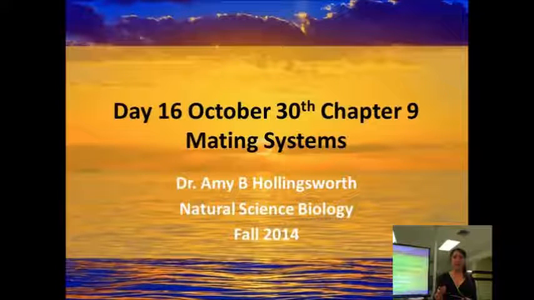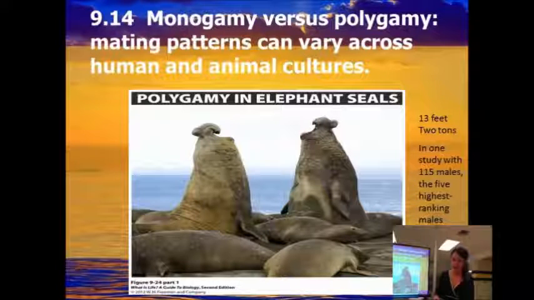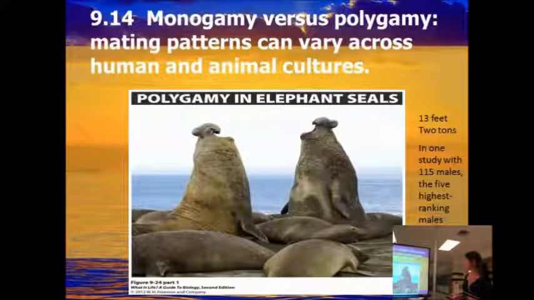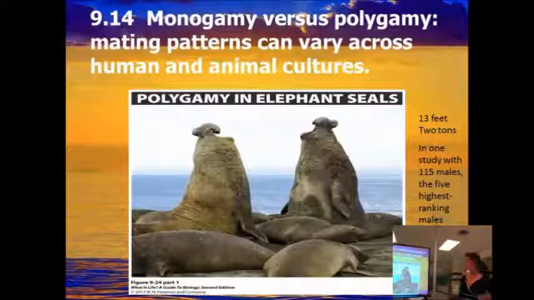So today we're going to be finishing up chapter 9, and it's not an insanely long one, but it does have some good videos that go with it. And so we're going to be talking a little bit about monogamy versus polygamy. You may have heard of those terms before, but usually not in relation to science.